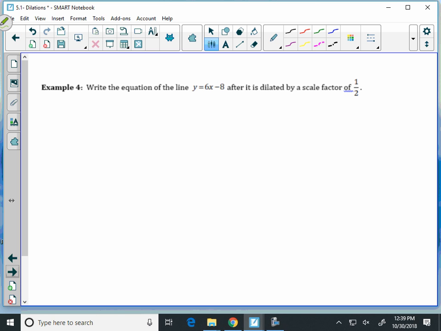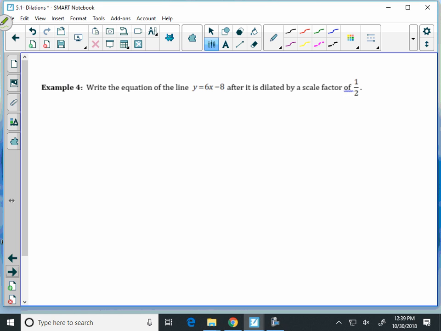So 4. We are going to write the equation of a line, y equals 6x minus 8, after it's been dilated by a scale factor of 1/2. Well, we just said the pre-image and the image, when we do a dilation, are parallel to each other. So this original line and the new line after we do a dilation are also going to be parallel to each other.